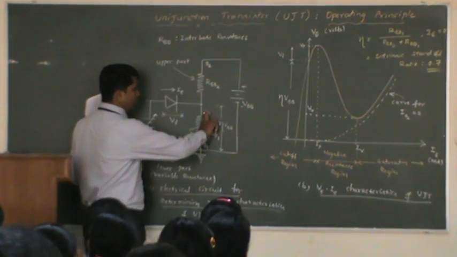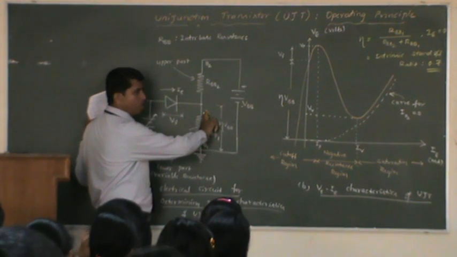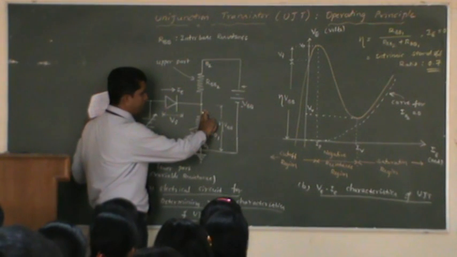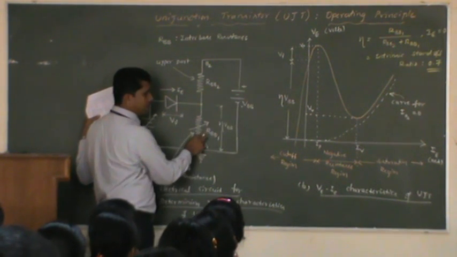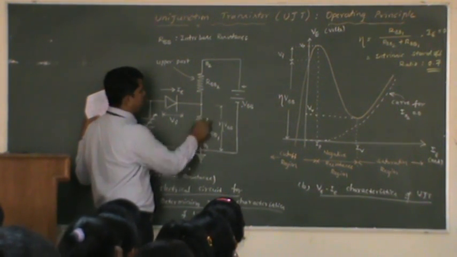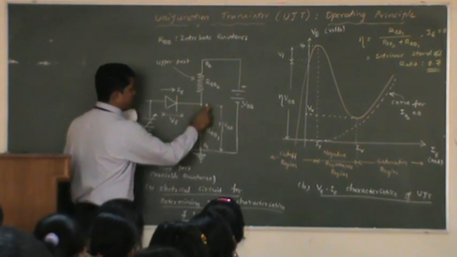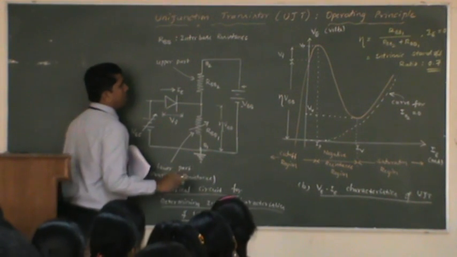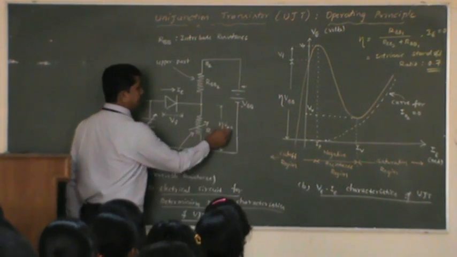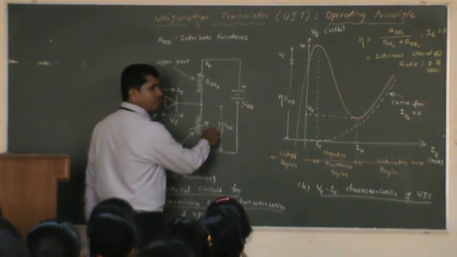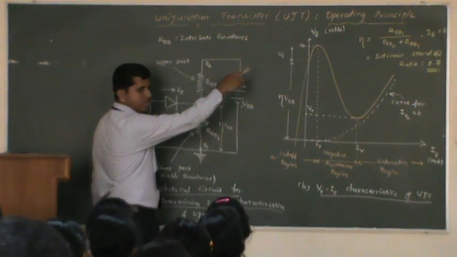To calculate the voltage across this, you can apply the voltage division rule. How do you apply it? The voltage across this is given by the supply voltage times this resistance divided by the sum of these resistances. So that is the voltage across this particular terminal. Let me indicate the voltage across as eta VBB. We already know eta is the ratio of resistances.